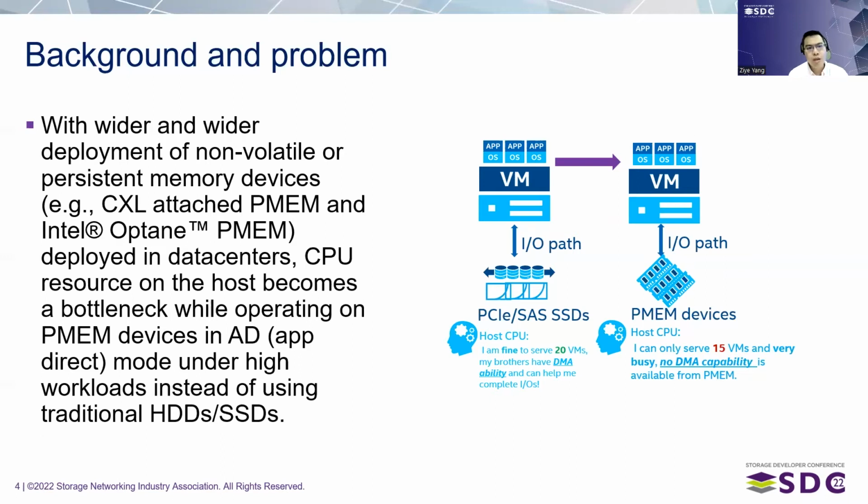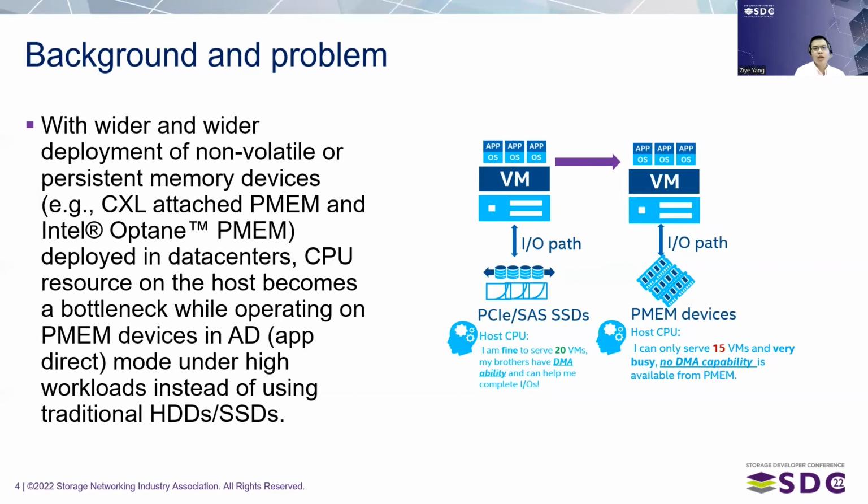When the host is equipped with PCIe or such SSDs, when doing the I/O workloads, the host CPU says, "I'm fine to serve 20 virtual machines. My brother SSDs, they have DMA capability and can help me complete the IOs, so I'm not very busy."